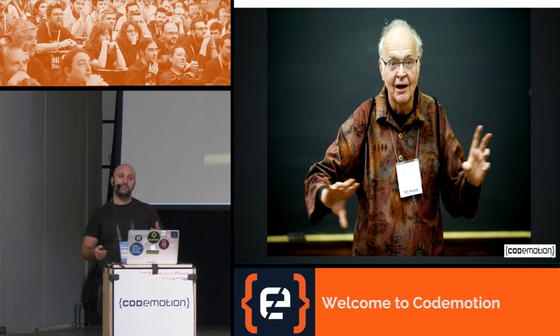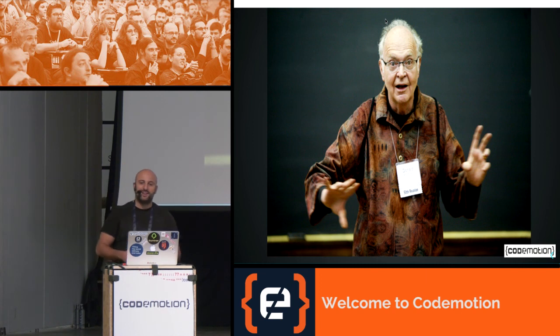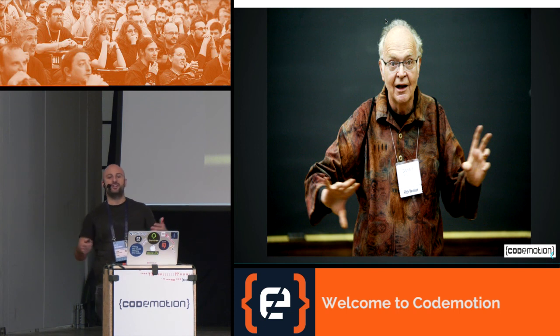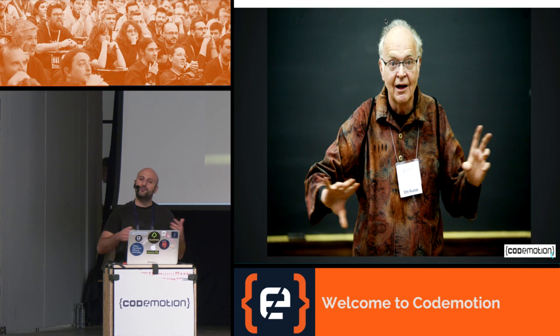One of the quotes he's most famous for says that premature optimization is the root of all evil. So basically, it means that you should never start optimizing code just because it makes sense. Again, Salvatore mentioned it earlier. Micro-optimizations and optimizations that somehow ruin your code don't really make sense.